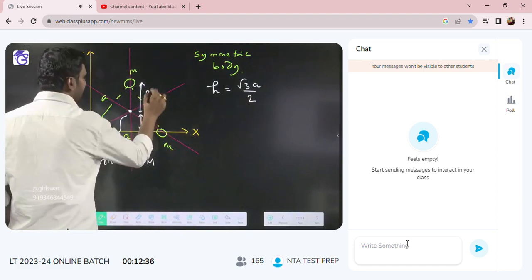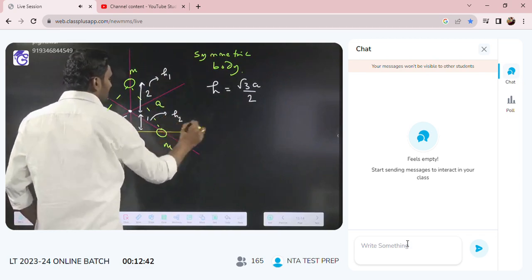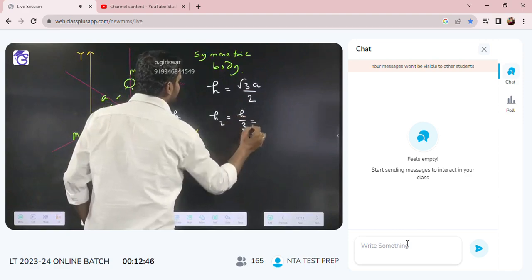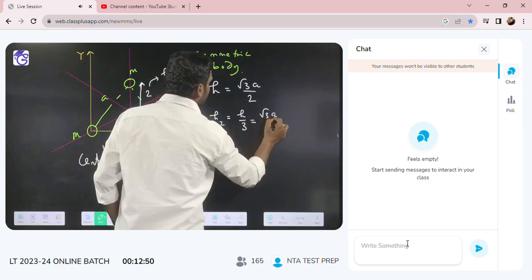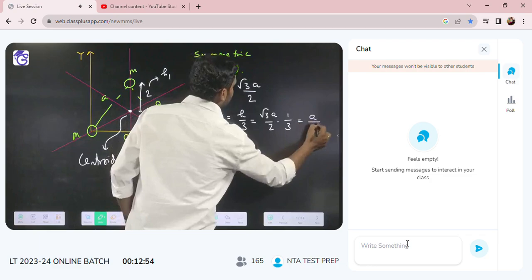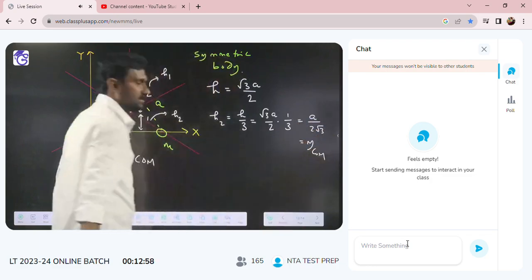Let us say this is h1 and this is h2. So don't you think h2 will be equal to simply h by 3, 2:1 ratio? So that means it will become root 3a by 2 into 1 by 3, which gives you a by 2 root 3. This is y center of mass.